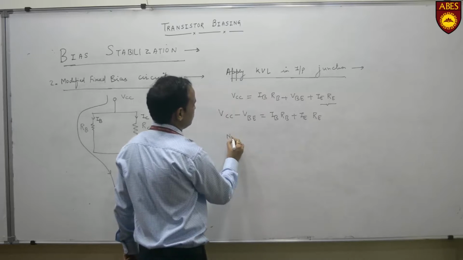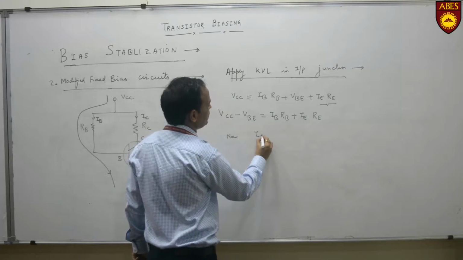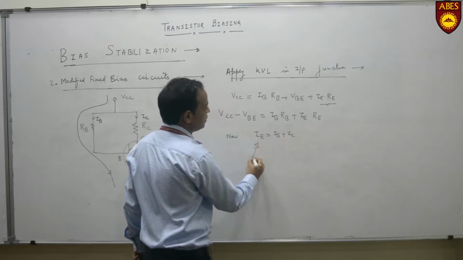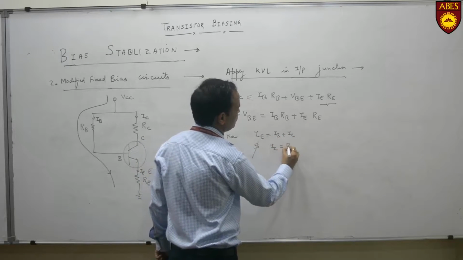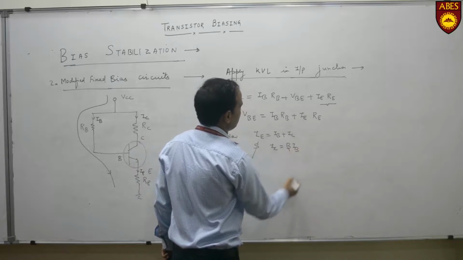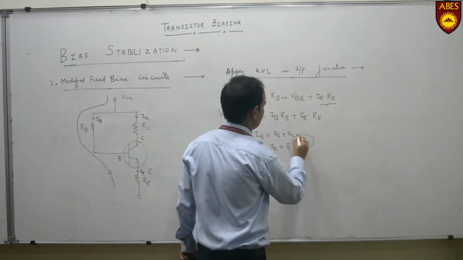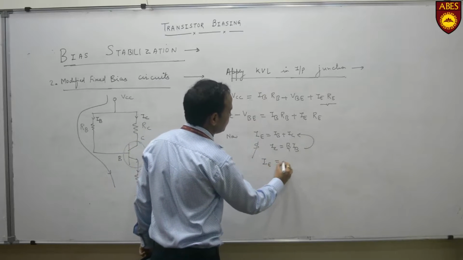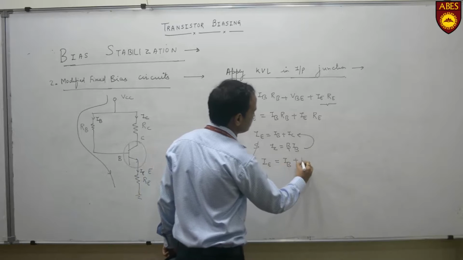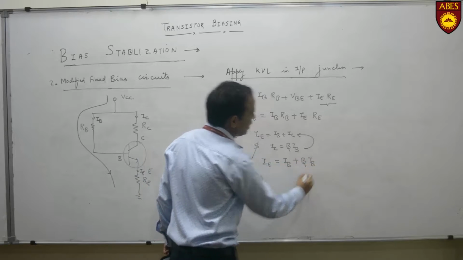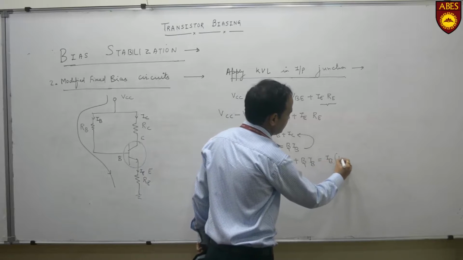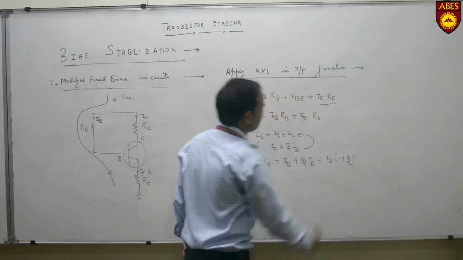Now we know IE is equal to IB plus IC and IC is equal to beta IB. Now if I put this value into this expression, I get IE is equal to IB plus beta IB. I can take IB common. It is 1 plus beta.